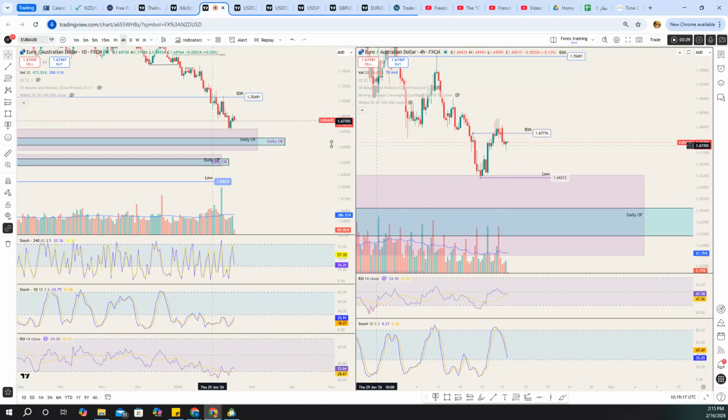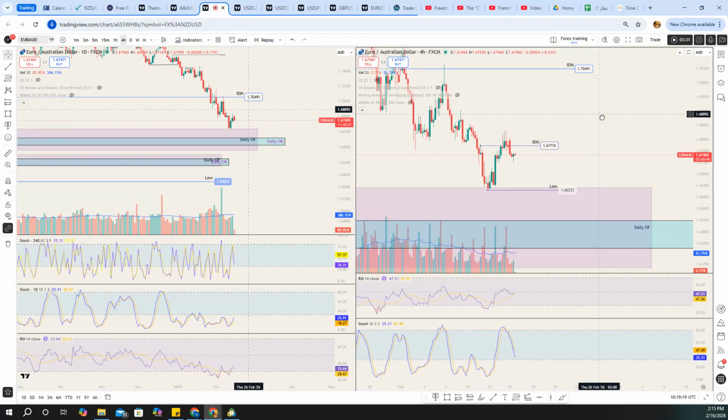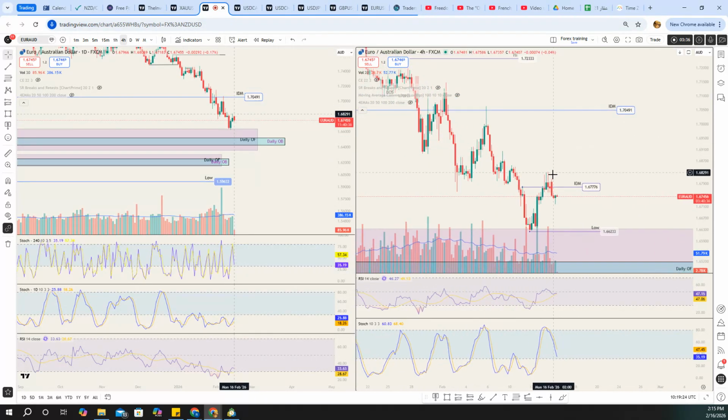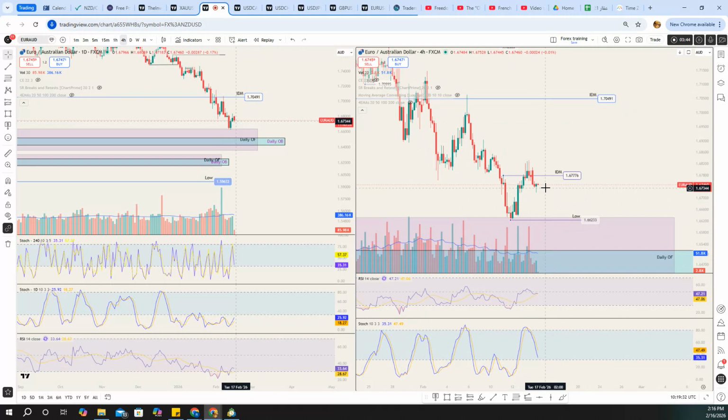So we don't know if it is going up, or if we look at the market structure on the 4-hour, we can see that it actually got its inducement liquidity and it seems to be going down. So is it going up based on the daily or going down based on the 4-hour? If we look at the stochastic, it just flipped up, but it's still below the bound, which means it's still in the sell area.